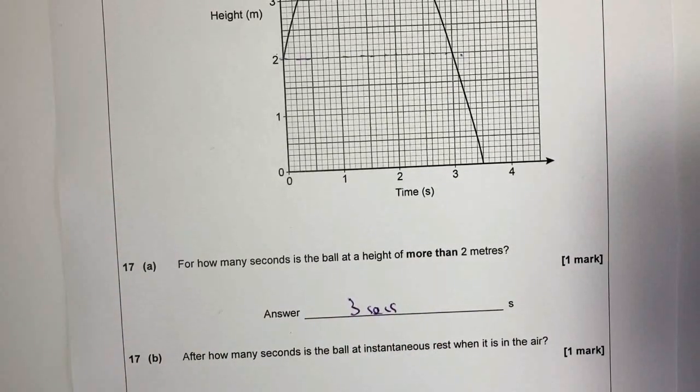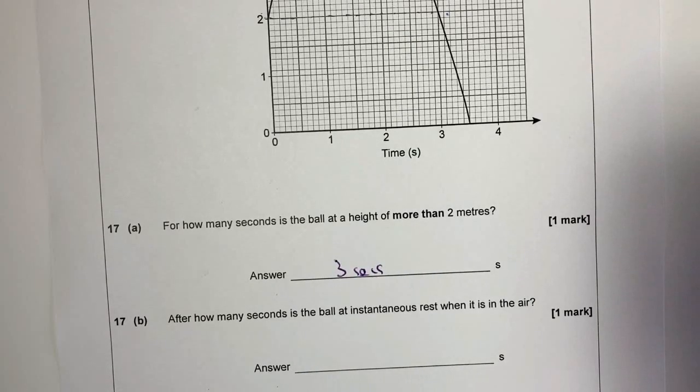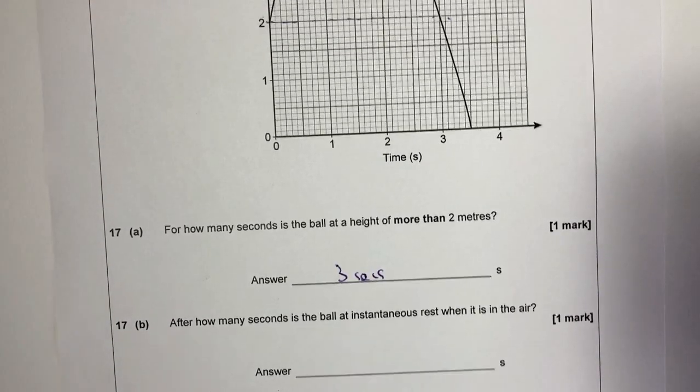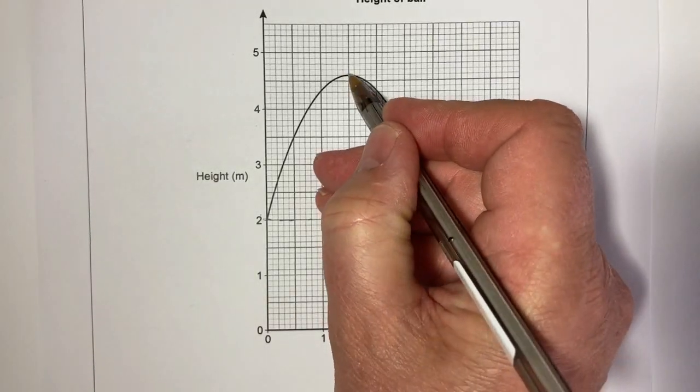And then it says, after how many seconds is the ball at instantaneous rest when it is in the air? Well, that's going to be at the point where the ball starts to fall to earth because of gravity. There is a point, and you can see it clearly on the graph, hopefully it is this particular point here.